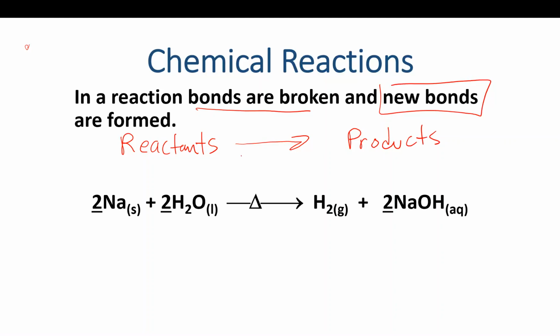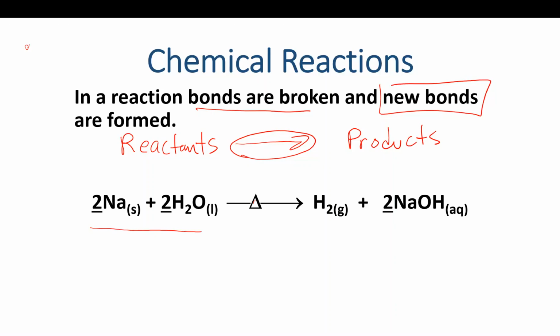Now what the arrow does, the arrow shows you the direction of the reaction. So with this particular reaction, we see on the left, we have sodium reacting with water, and it produces hydrogen and sodium hydroxide.